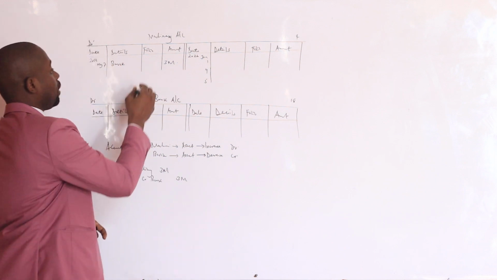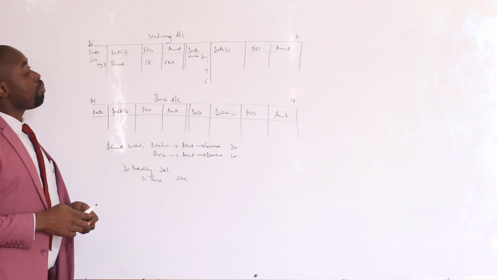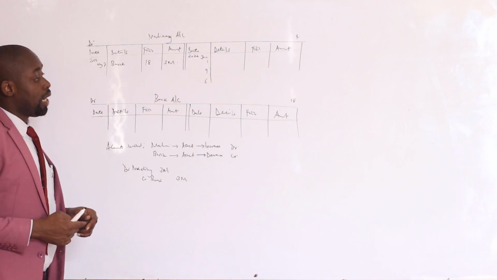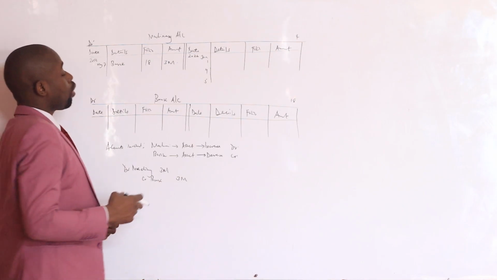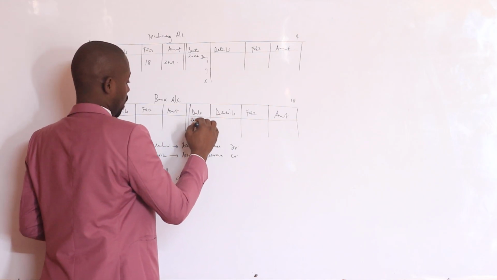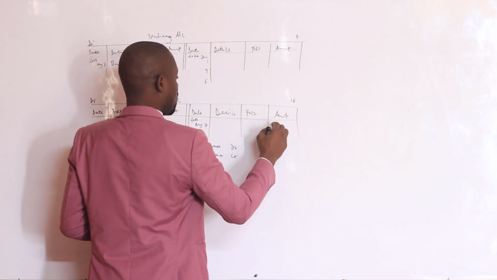I'll write here 18 so that in case we want to prove that for sure this machine was bought on 7th using money from the bank account, I'll locate it on the bank account or bank statement on 7th May 2026. I should see an outflow of 3 million.